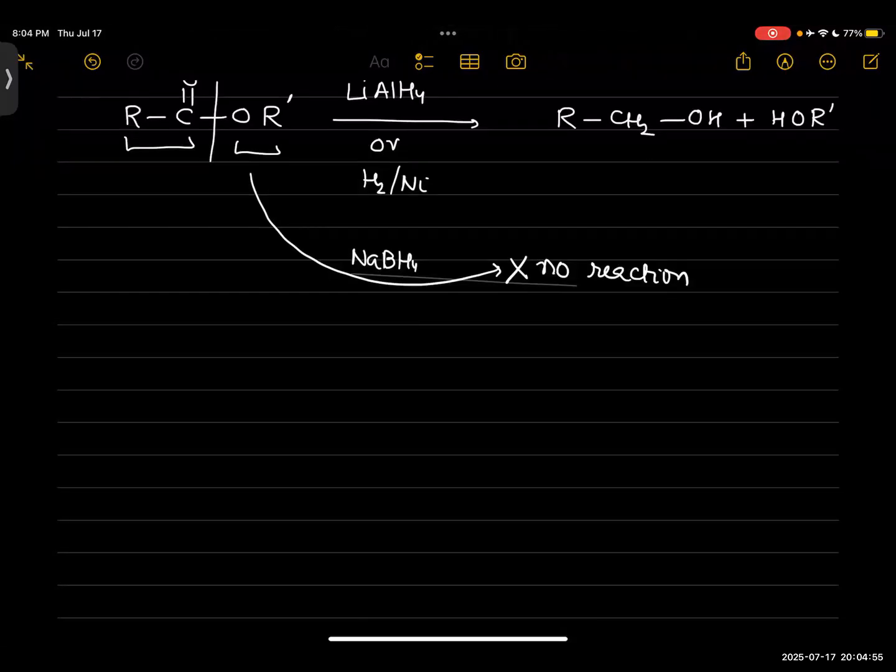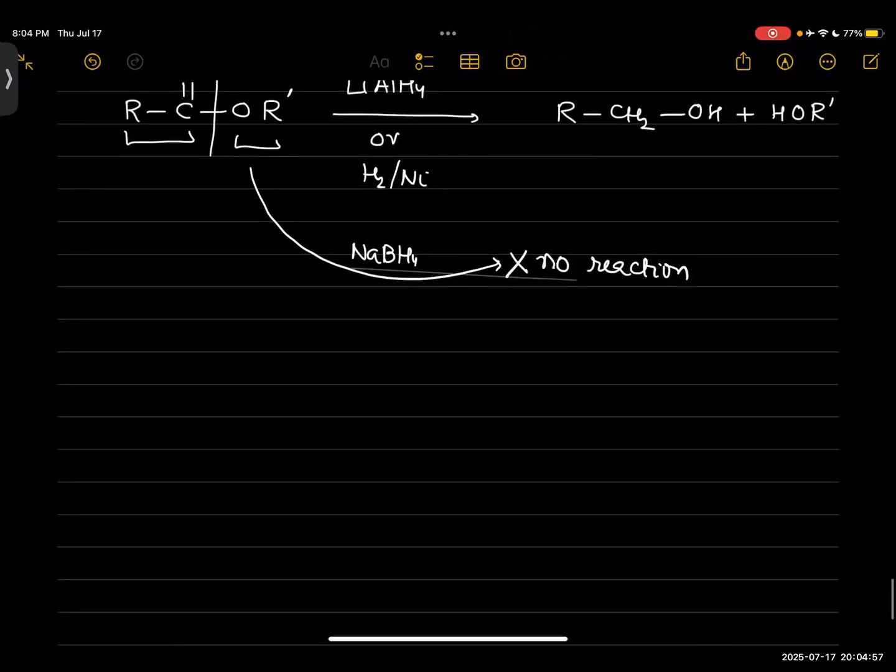And that method is using Grignard reagent.